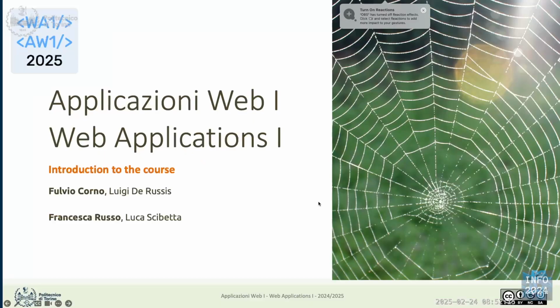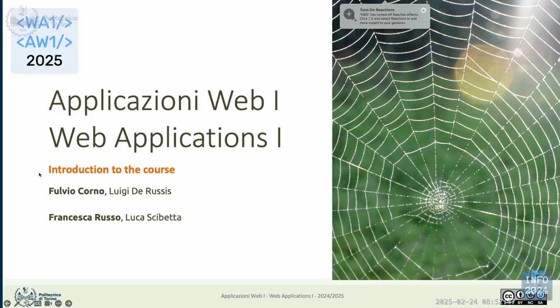Okay. I opened the wrong file because we have a twin course. Web Applications 1 is in English, and Applicazioni Web 1 is in Italian, and the courses are totally aligned. In the English course, I will be the main teacher, Fulvio Corno, and Francesca Russo will help me with some of the lectures and most of the labs.